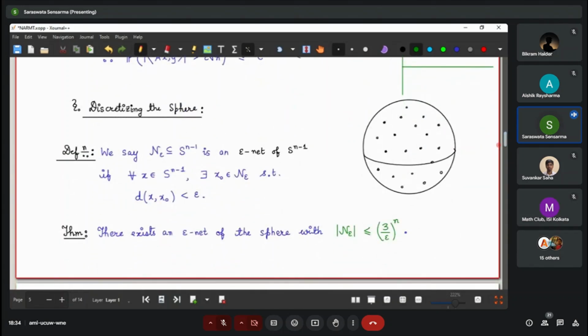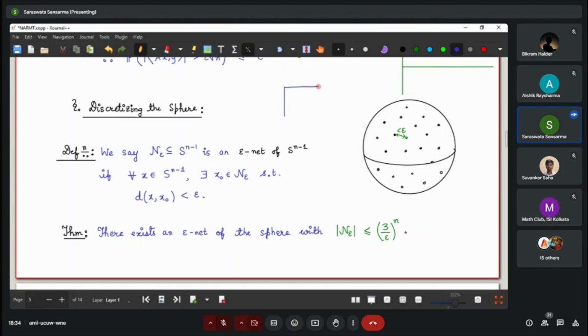Let's discretize the sphere. We define an epsilon net of the sphere to be a collection of points such that for any other point, there is some point in the collection such that the distance is less than epsilon. That is what I mean by an epsilon net. There are many ways of constructing an epsilon net.